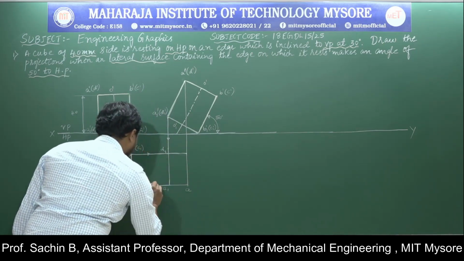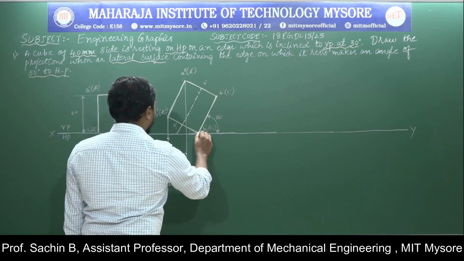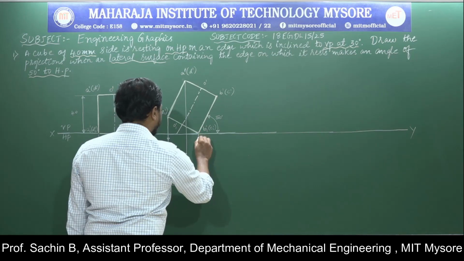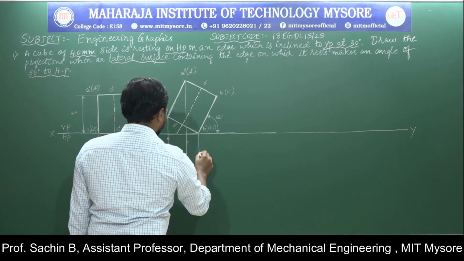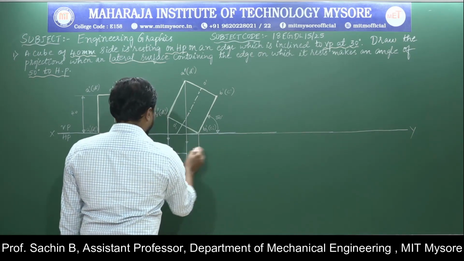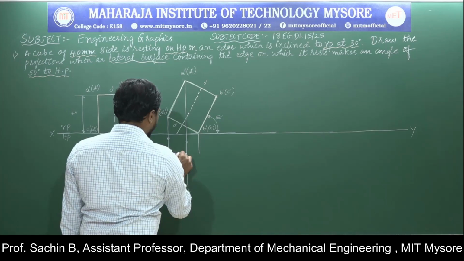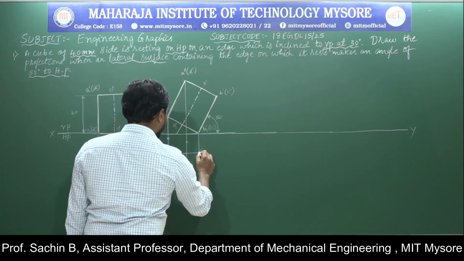This is A1. Next I will draw the projection line from B1 dash. B1 to C1, C1 is already here, I am extending this line, this is the C1 point.